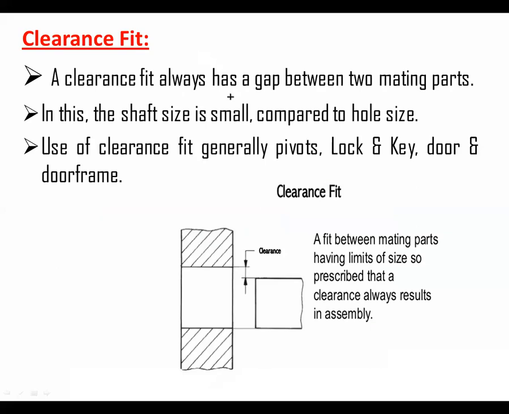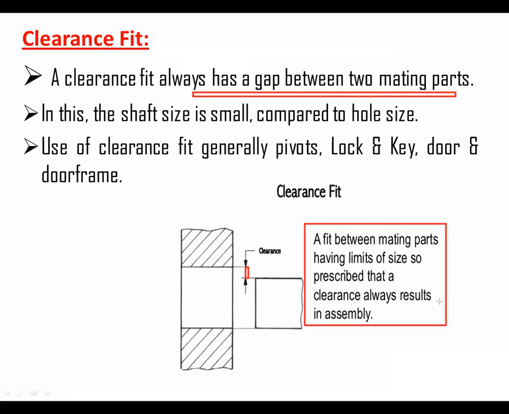In clearance fit, there is always a gap between two mating parts. Here is the gap, so it is clearance in the diagram. A fit between mating parts having limits of size so prescribed that clearance will result in an assembly. In this, the shaft size is small as compared to hole size. Shaft is small, so this is shaft.